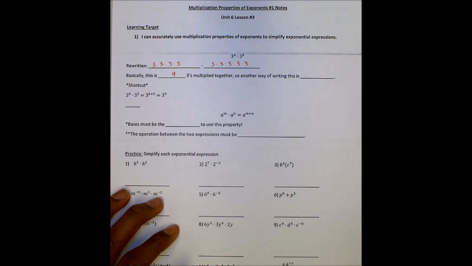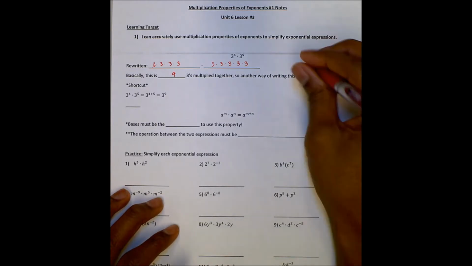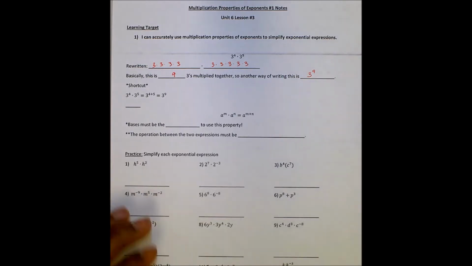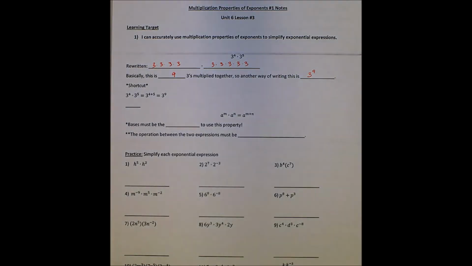So another way of writing this would be 3 to the 9th. Okay, here's the rule or shortcut.